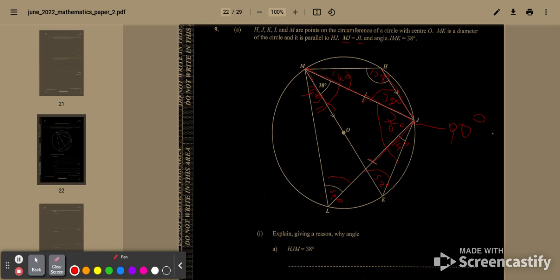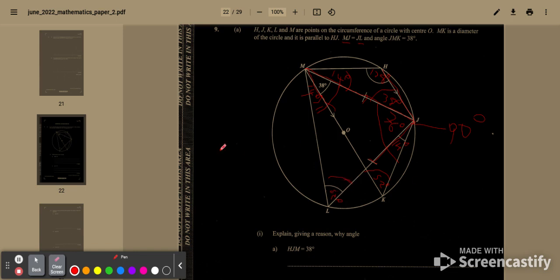And the first question was to find angle MLJ. Let's see if I accomplish that. MLJ. Yes, this angle here. So they asked us to find MLJ, and we did.